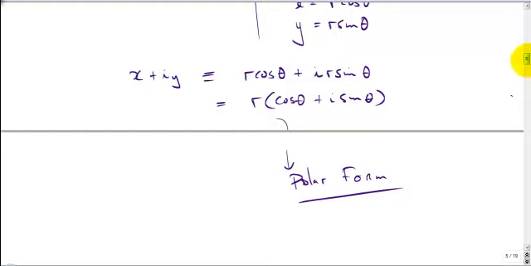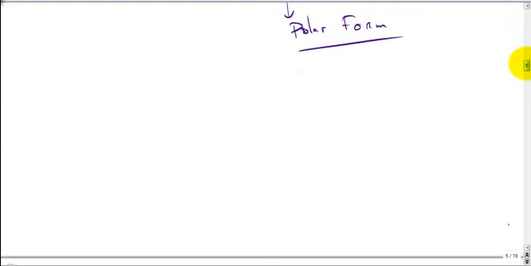So we can also move on to another relationship using this polar form, and that's known as the Euler relationship.